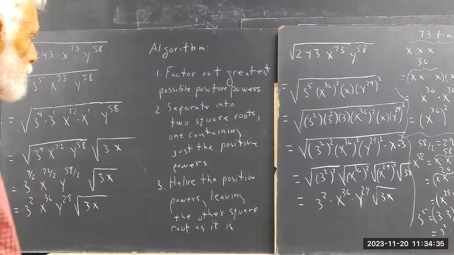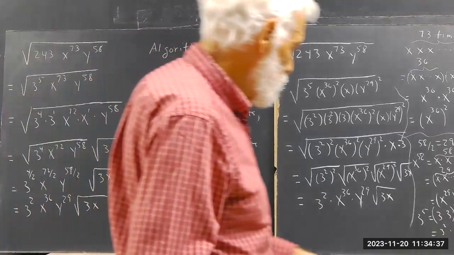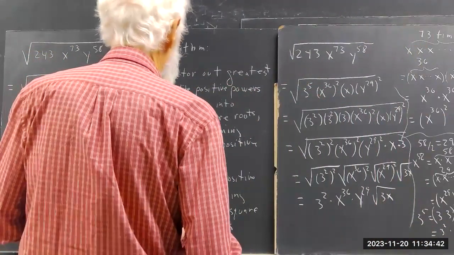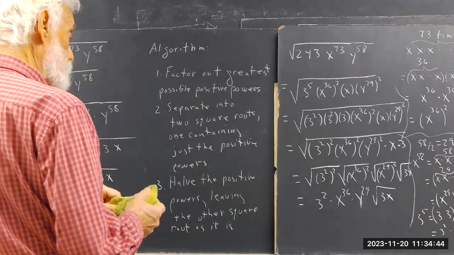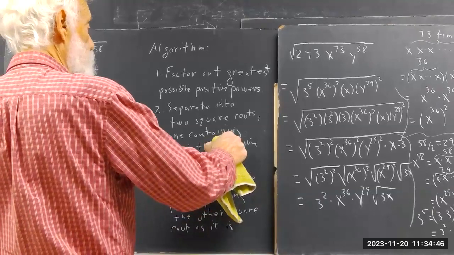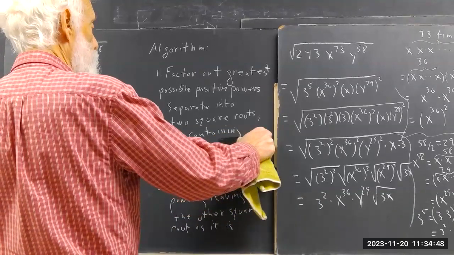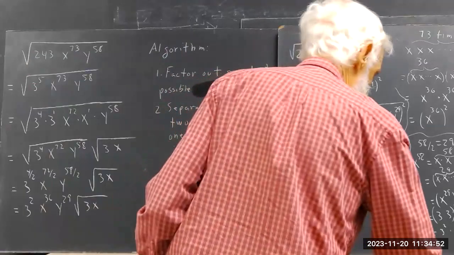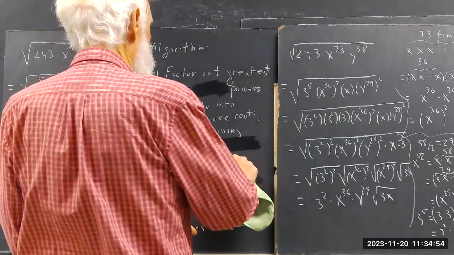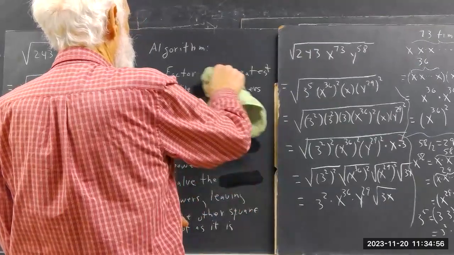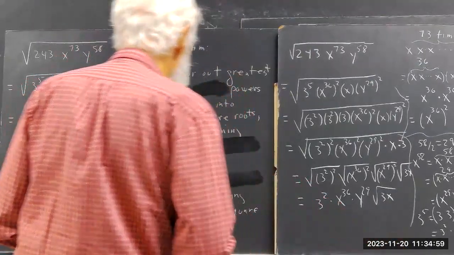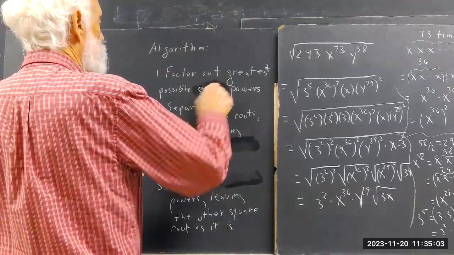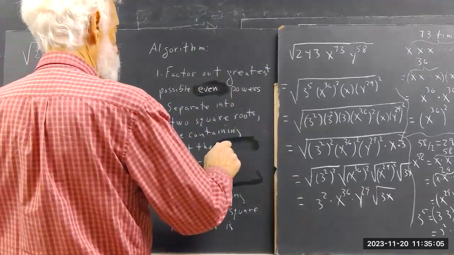When I say the greatest positive powers, I don't know why I started using the word positive there. I'm talking about the even powers, not positive powers. Where I said positive, there should be even.